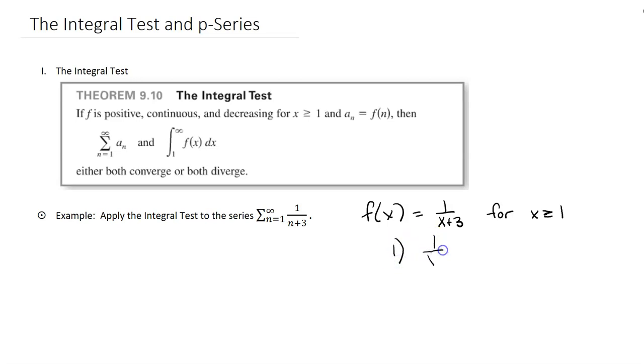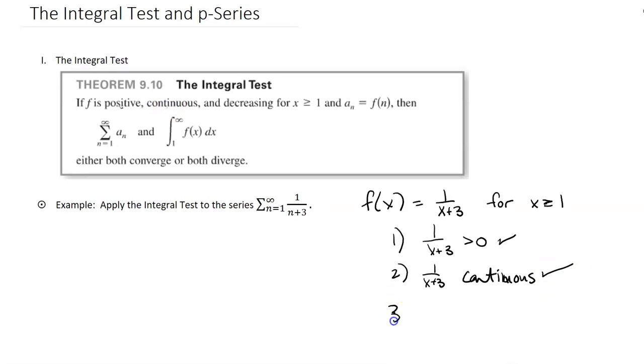Number one, 1 over x plus 3 is greater than 0 for x greater than or equal to 1. So we're good there. It's positive. Number two, 1 over x plus 3 is continuous. And again, that's for x greater than or equal to 1. So we're good there. Got continuous.